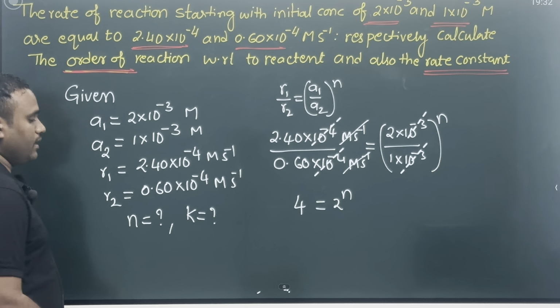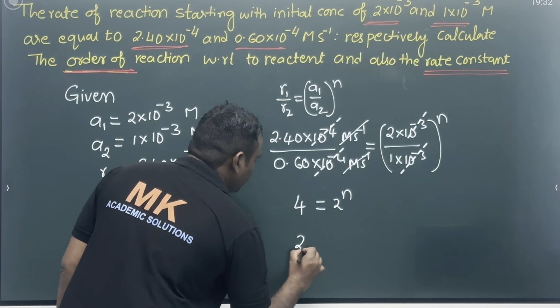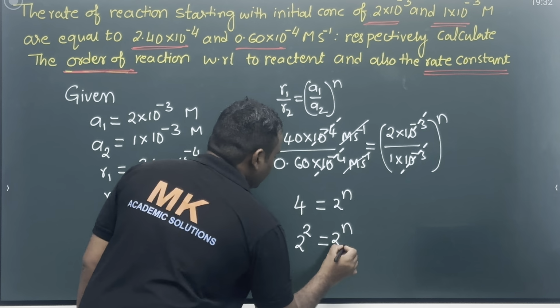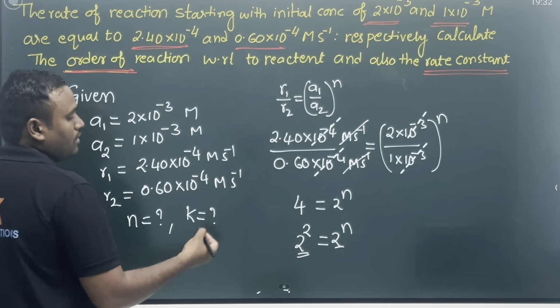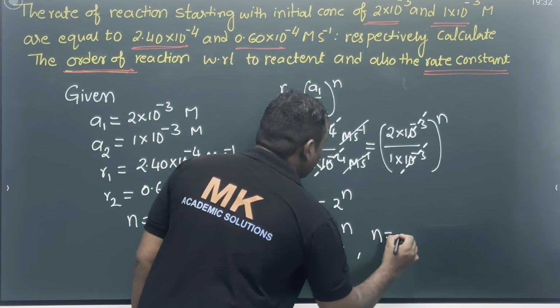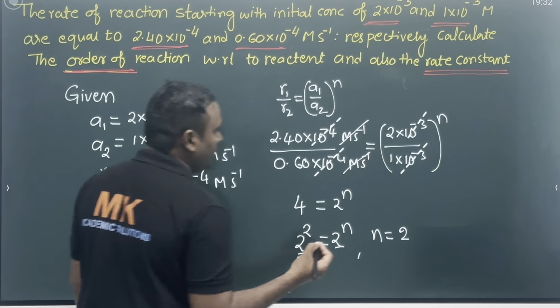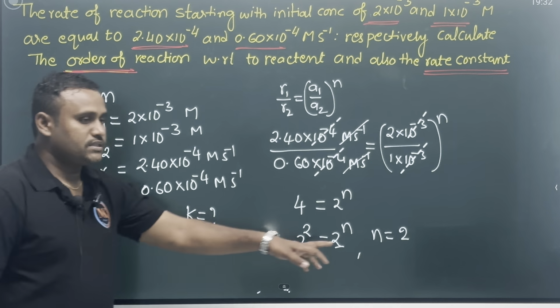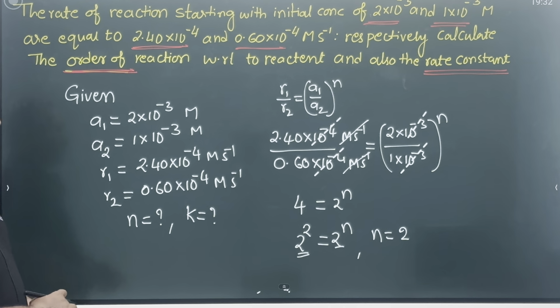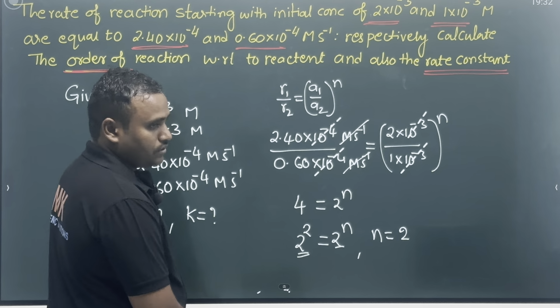So how can we write the 4? 4 we can write as 2 square, that is equal to 2 power n. If bases are same means powers are equal. Therefore n is equal to 2. So what is the order of reaction here, children? Second order reaction.